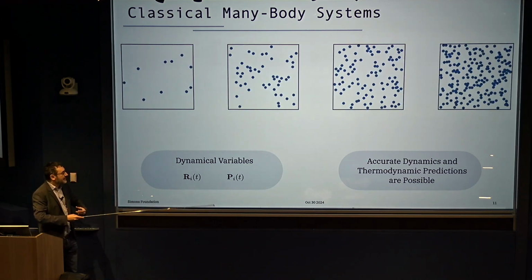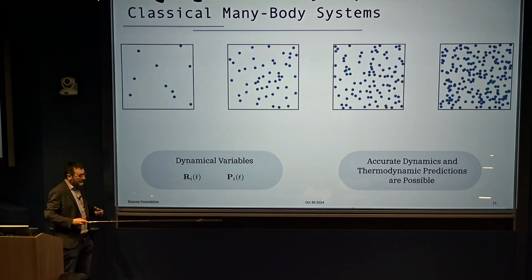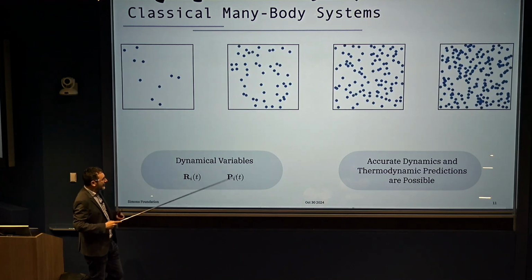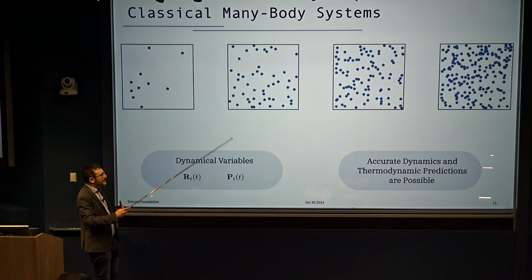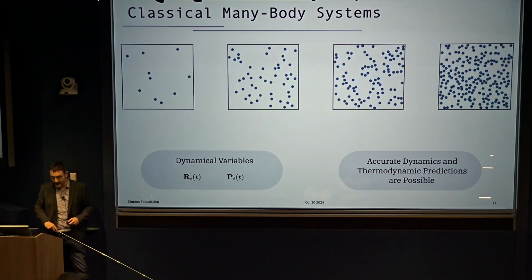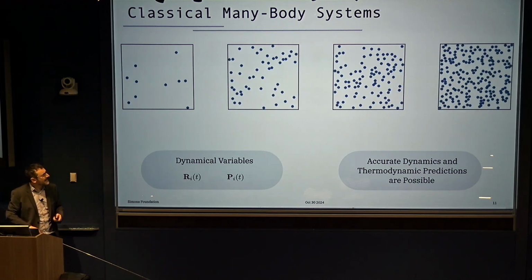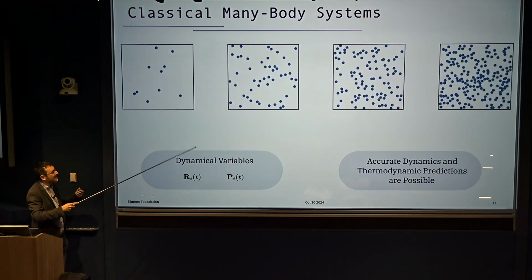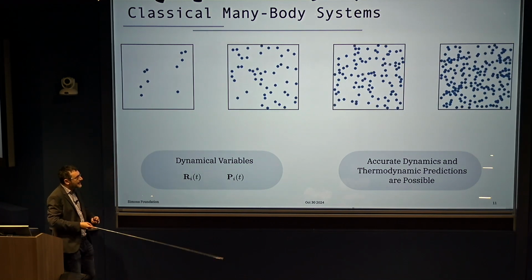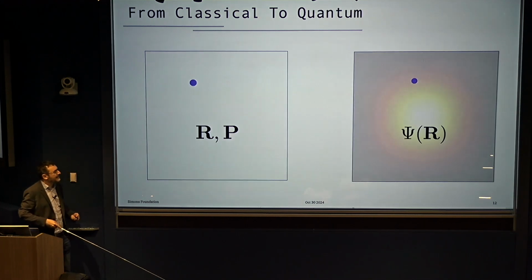And this kind of simulation can be carried out for billions even of atoms or classical particles that are described by the laws of classical mechanics. So for classical mechanics, describing an interacting system can be done in a controlled way even for many particles.